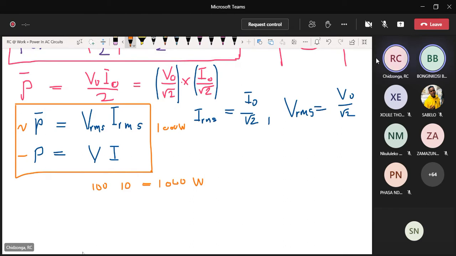But remember, I said most of the time, from now on, you should understand that when we talk about AC in general, we don't actually refer to the peak current. We refer to the root mean square values. So when you hear Mr. Nzimande saying you are going to use 32 volts in the lab, he's not talking about the peak voltage.